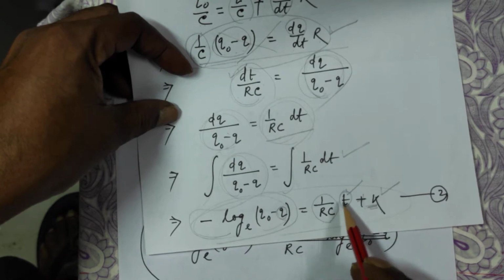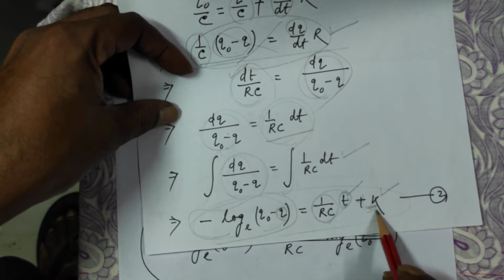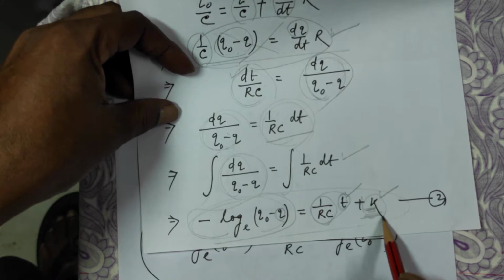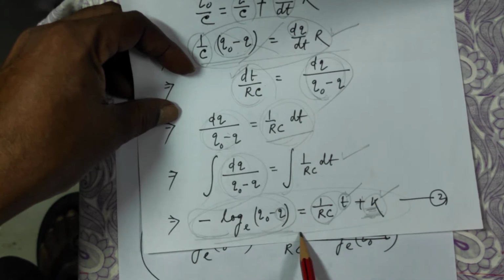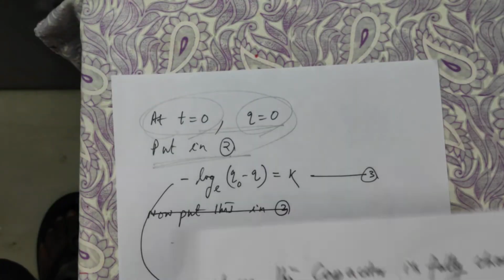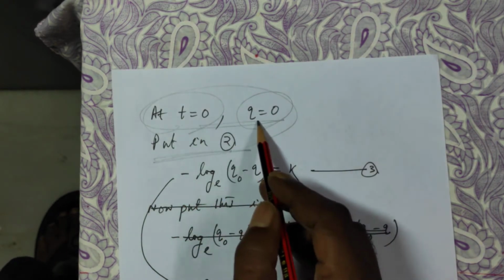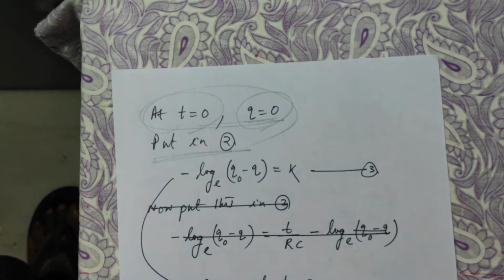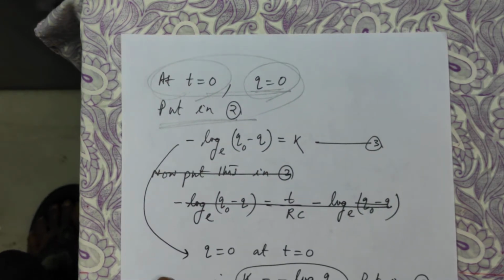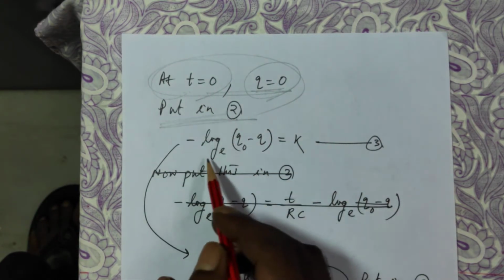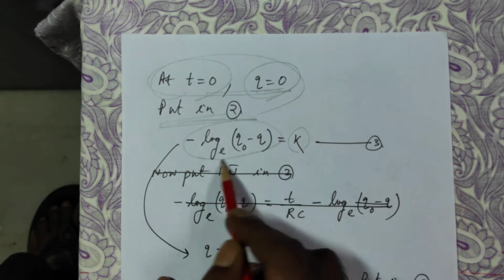If t becomes 0, 0 into this thing becomes 0, so on this side we are left with k. Putting q is equal to 0 on the left side, so at t is equal to 0 there is no charge in the capacitor. The capacitor has just started getting charged. So putting in equation 2, we get k is equal to this.